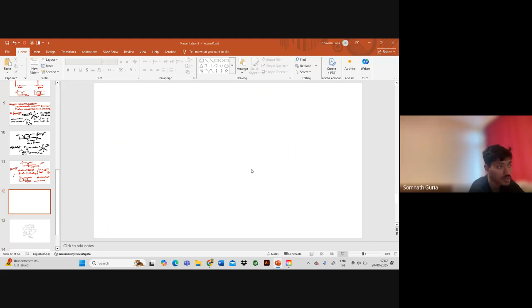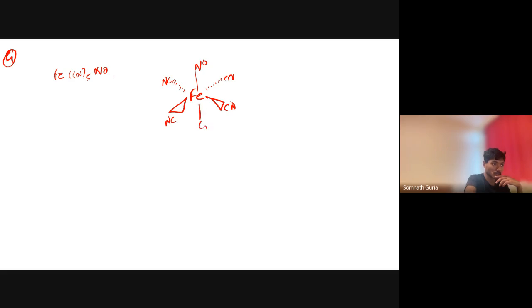Okay, we have another example, Fe(CN)5 NO. So how does it look? Here we have the CN and the nitrosyl group, so the ligand distribution is different.